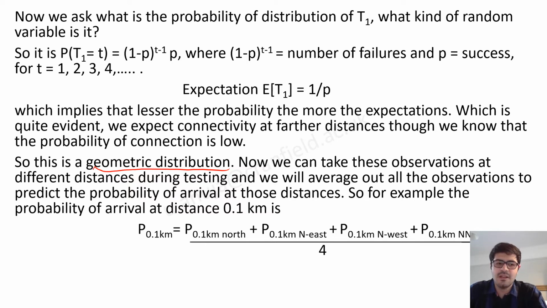So for example, the probability of arrival at distance 0.1 kilometers is the average of the observations at 0.1 kilometers north, 0.1 kilometers northeast, 0.1 kilometers northwest, and so on, divided by 4. So basically we are averaging it out to have a value which we give as a threshold to the system.